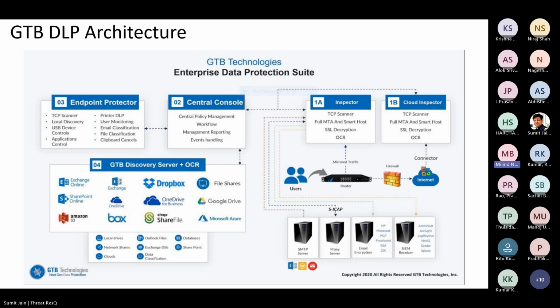The endpoint protector, as listed, can do TCP scanning, local discovery, USB device scanning and control, application control based on the application policies, printer DLP and printing control, so that sensitive data will not get printed. It will print only the data which is not sensitive.